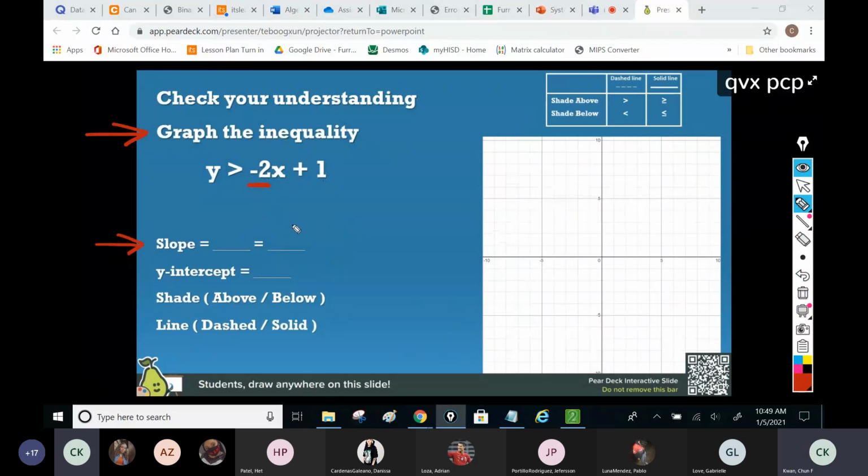Look for the slope. And also look for the y-intercept. And then after that, check the inequality symbol to see if this is shaded above or below. Do you use a dashed line or a solid line?